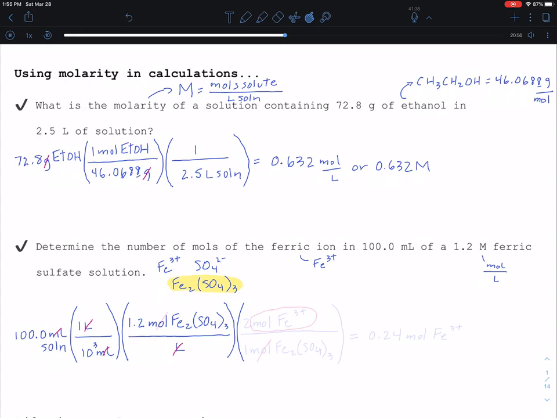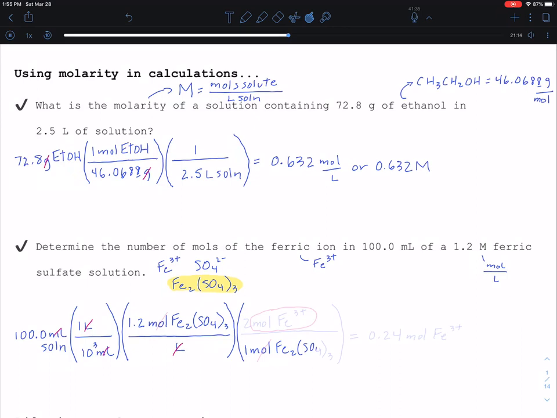This is why we wanted to pay attention to the ionic formula, because I wanted to know what the mole ratio was. If I have 1 mole of the salt, I'm going to put it down here so that I can cancel out moles of ferric sulfate.